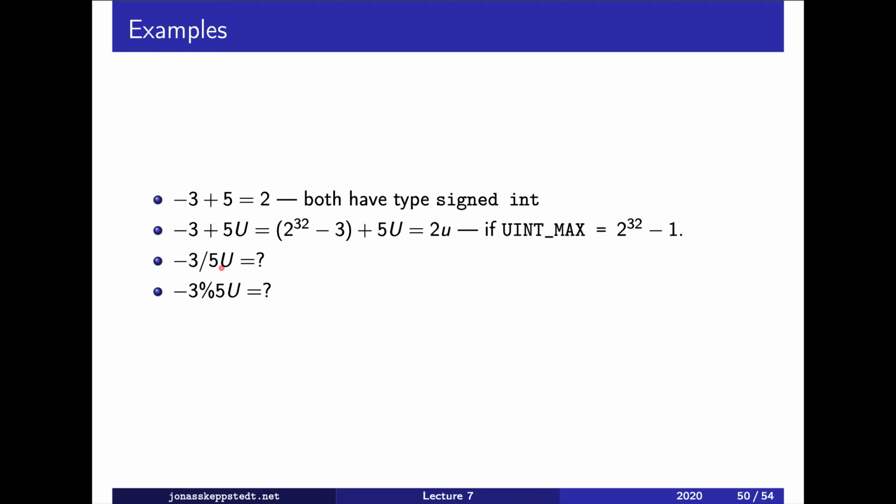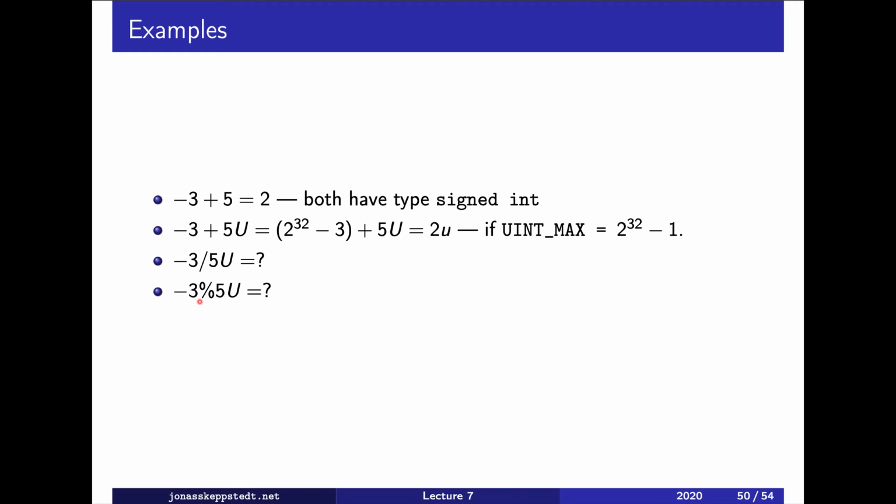Okay, so what is the result of this? -3 divided by 5 usually becomes 0, but not now. Instead, this -3 is converted to an unsigned, so it becomes a huge number, and well, I will not do the arithmetic, it will take far too long, but this will be a huge number.